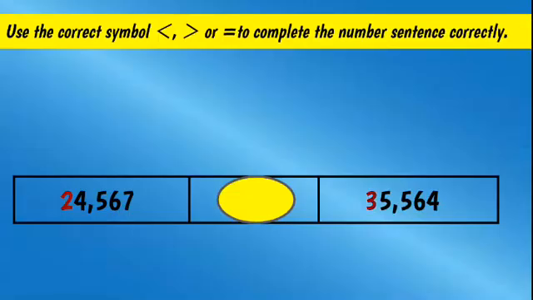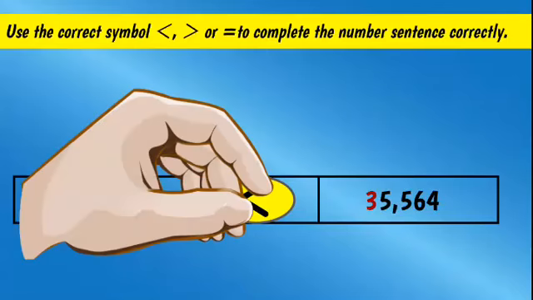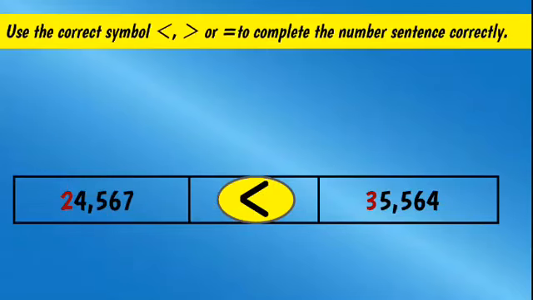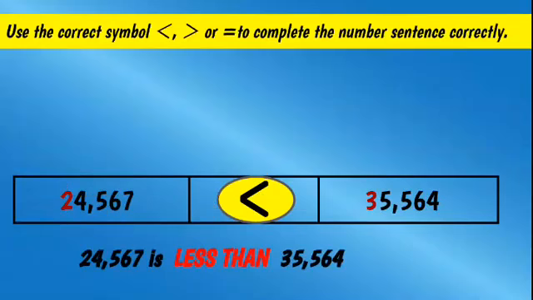Our second number we have 30,000. So we can identify 2 and 3 in our values. We can say that 24,567 is less than 35,564. So here we have our less than symbol pointed in facing the smaller number.